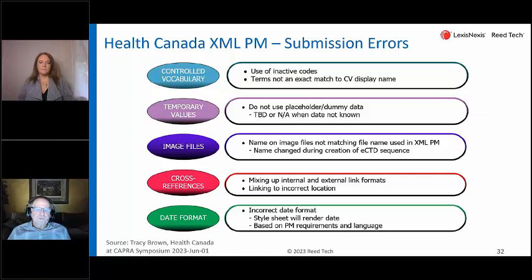And remember, this is a set of vocabulary items that you pick from, and they're the Health Canada version. So it's not an exact copy. If you've done a similar type of thing for the FDA, it's not going to be the same code. You'll have to make use of the Health Canada codes, and there's actually French and English versions of these codes that you'll need to select and pick.